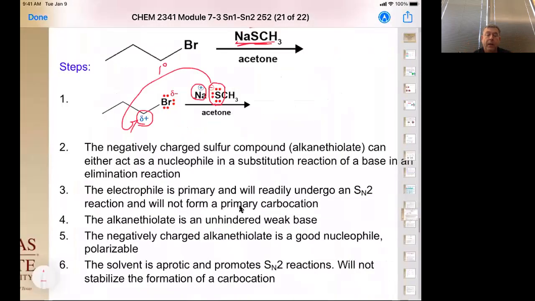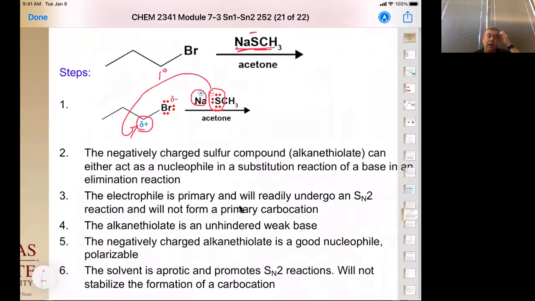All right, we also know that our nucleophile is a good nucleophile and our electrophile is a primary. Whenever you have an unhindered primary group with a good nucleophile, you're going to favor SN2. You're going to have the substitution product, okay? This is not a very strong base, so you're probably not going to have any E2 products.